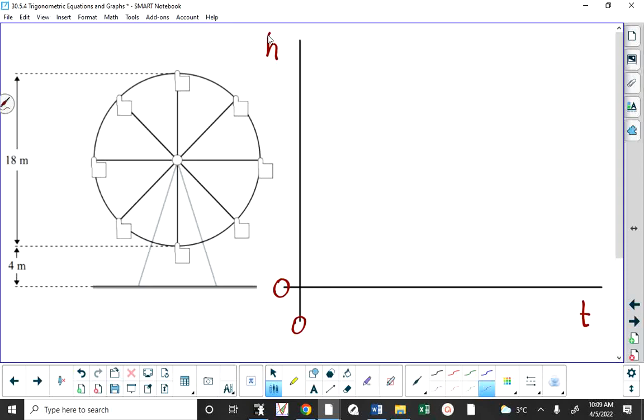Now we know Joel and Ellie start 4 meters above the ground, which means that this y value, or h value if you like, is 4. And we know that that's where they start.